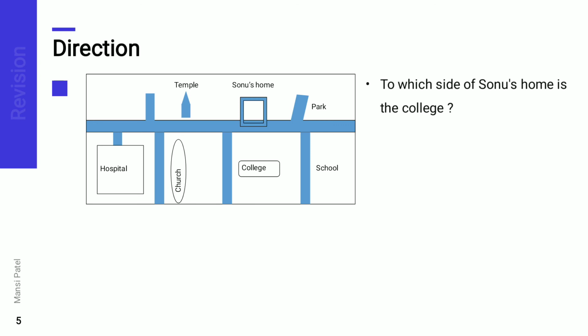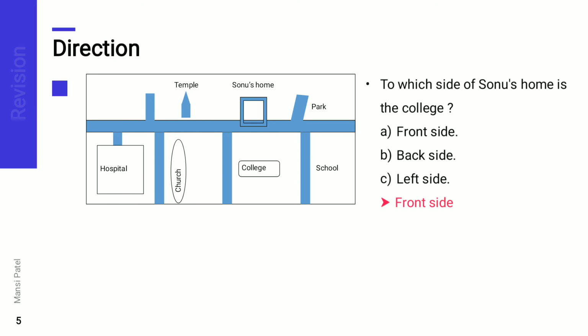Now here they were asking about that. You have to see which side of the college Sonu's home is. Is it the front side, back side, or the left-hand side? The last answer is totally wrong. Which side of Sonu's home is the college?